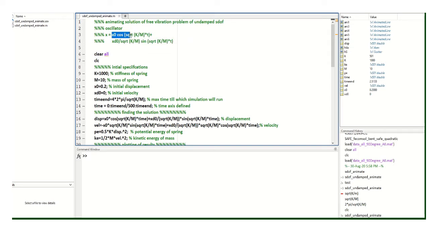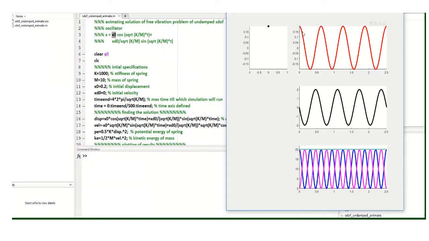So there will be contribution coming only from this side. So you can say that the displacement variation is of cosine nature with this much amplitude. You will be able to see it over here. This is a cosine function multiplied by 0.2. So draw a cosine function and multiply by 0.2, and whatever you get is the displacement.